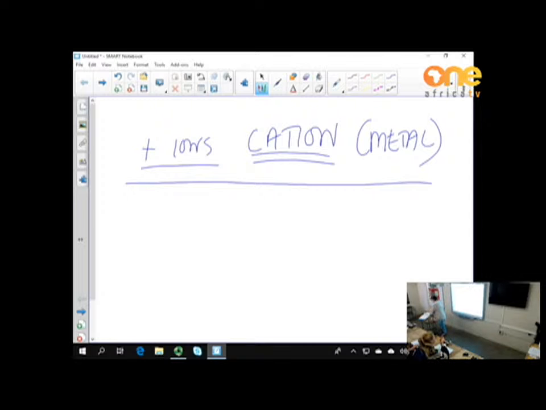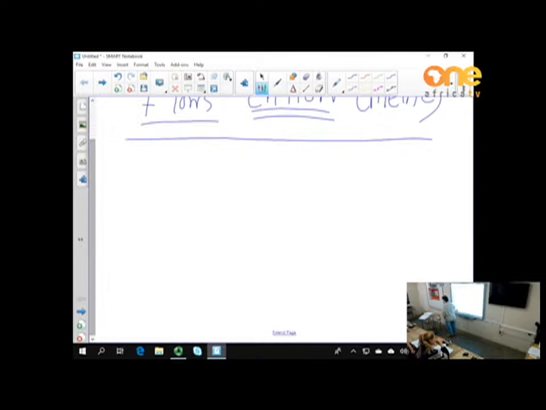Right, now on the next page, there is a table of the different metal ions that we must be able to test for. On page 87, we have got aluminium, we've got calcium, and we've got zinc, and there's a reason why I write them like that next to each other.